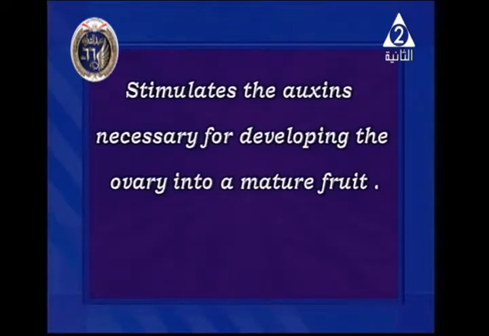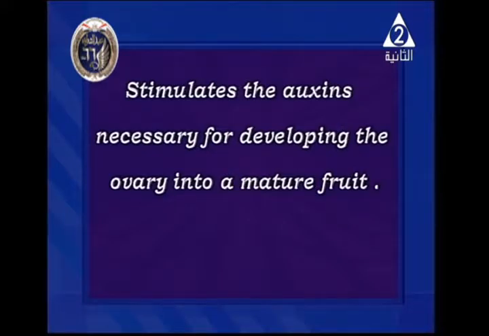Also, it stimulates the auxins, as we said, the hormones of the plant, which are necessary for developing the ovary into mature fruit. So if there is no pollination, we have a sequence of events connected together.